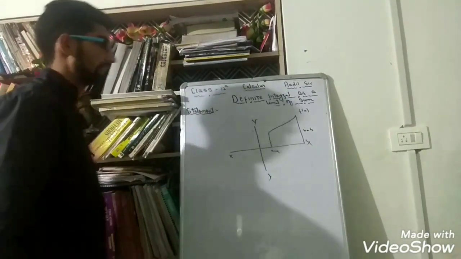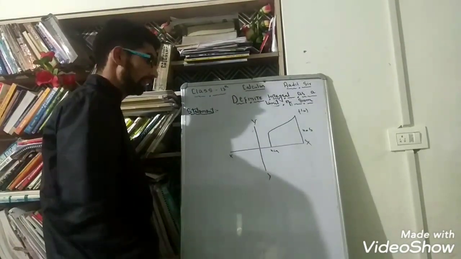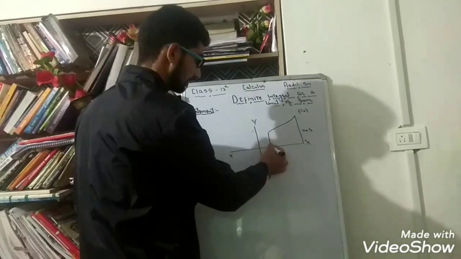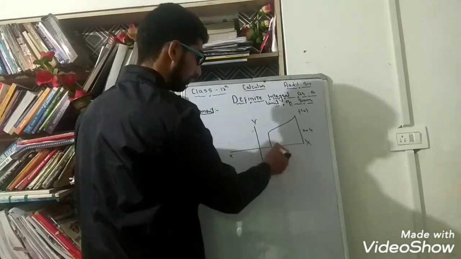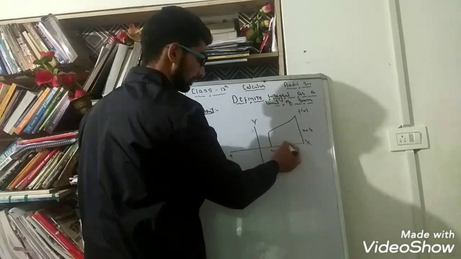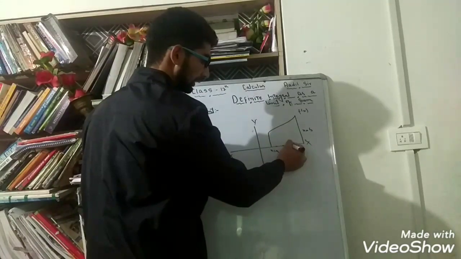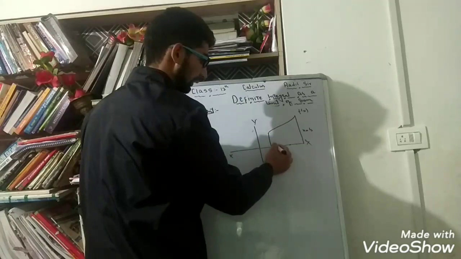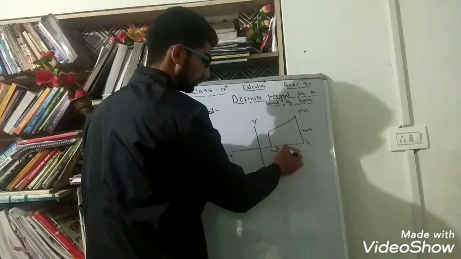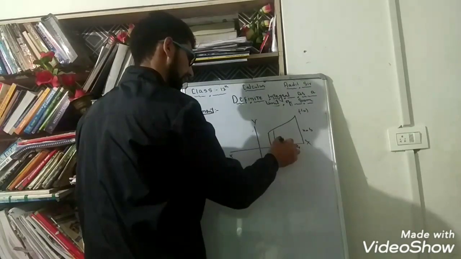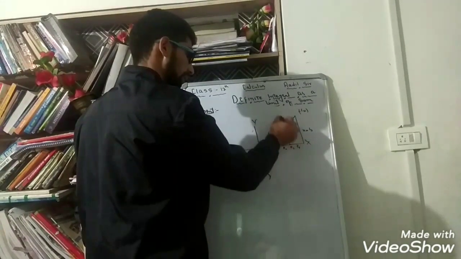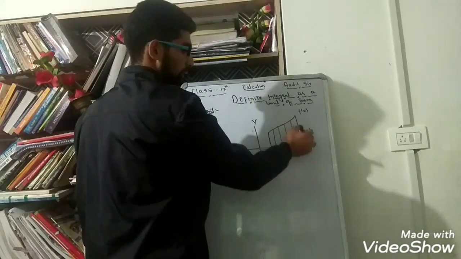The definite integral as a limit of sum says if we divide this distance from x is equal to a to x is equal to b into n equal parts. For example, I will take the portions like this: p1, p2, p3, p4, and if I draw perpendiculars to this curve, and so on.